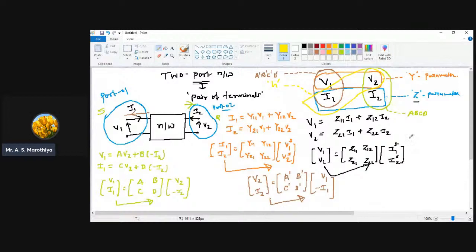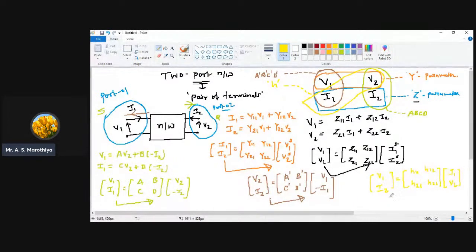I'm writing that equation in matrix form: V1 and I2 is equal to H11, H12, H21, and H22 times I1 and V2.